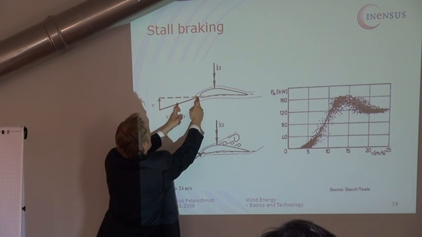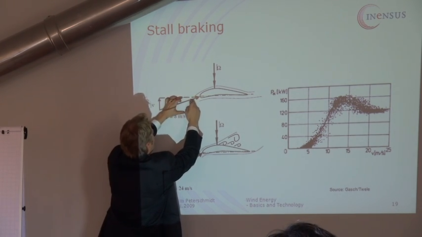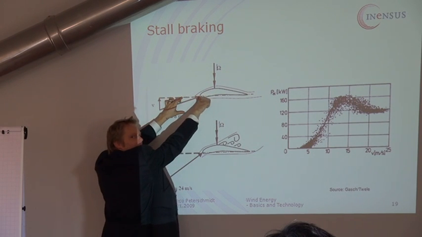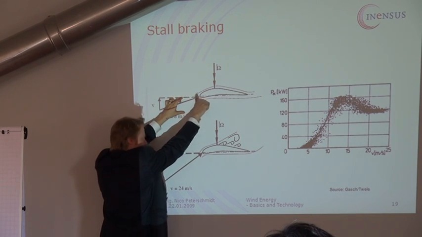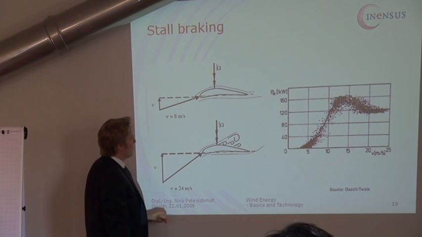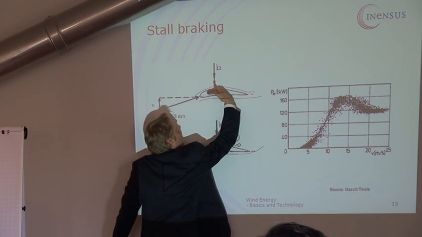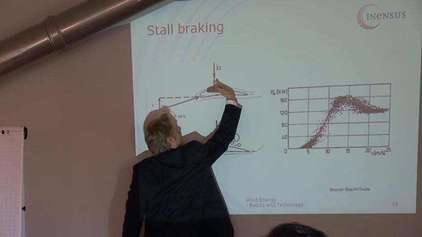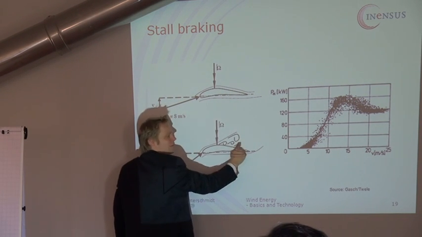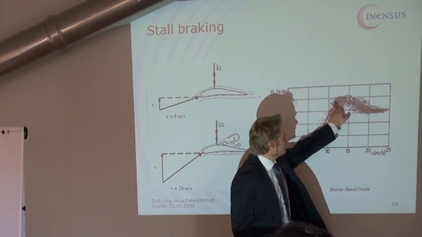If you decrease the rotational speed, you get a steeper angle, and you get the stall effect. Or by turning the blade into stall direction, from this into this, and you have got the same effect. And this is what you can see here.